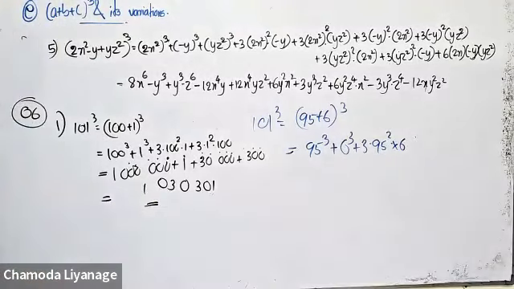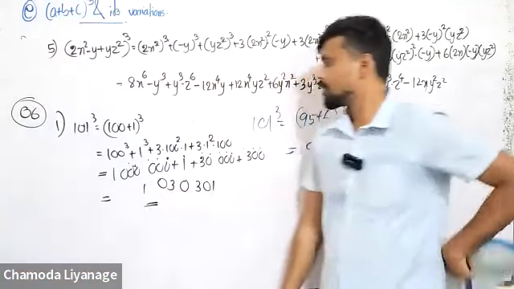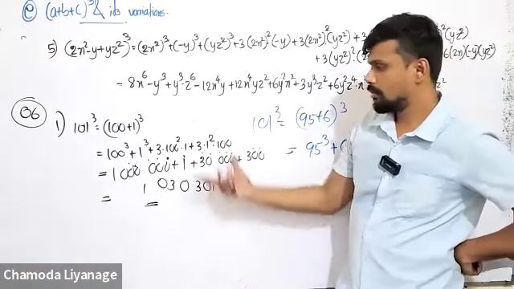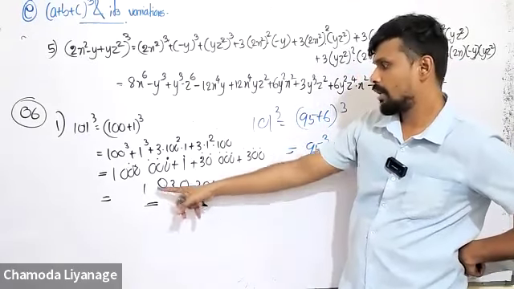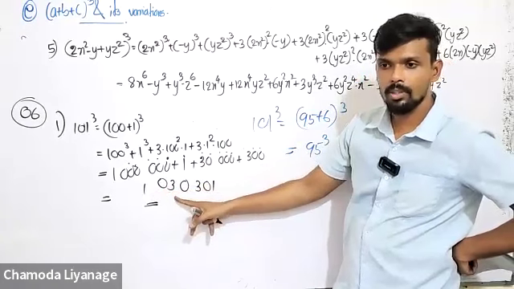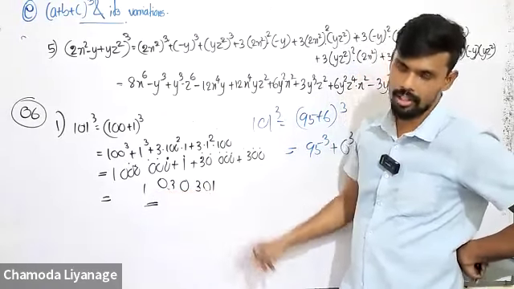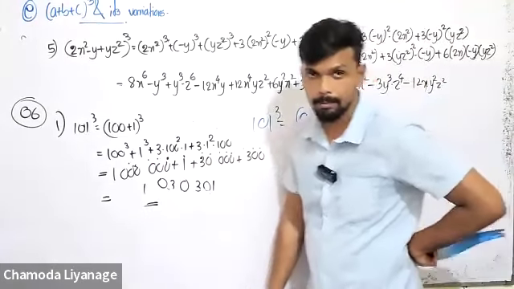So this is the answer. This is easy, no? What is this number? 1,030,301. So that is the first one.